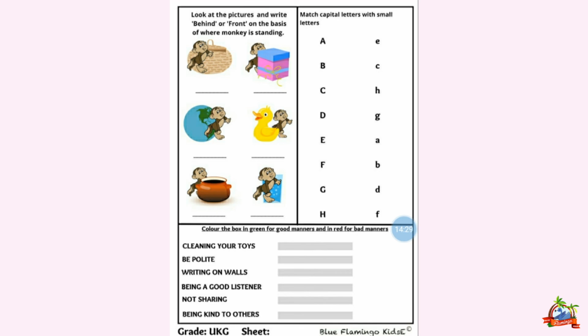Understood? Yes, very good. So, like this we will do the rest of the questions. Good manners के बॉक्स को ग्रीन कलर, बैड मैनर्स के बॉक्स को रेड कलर. Understood?